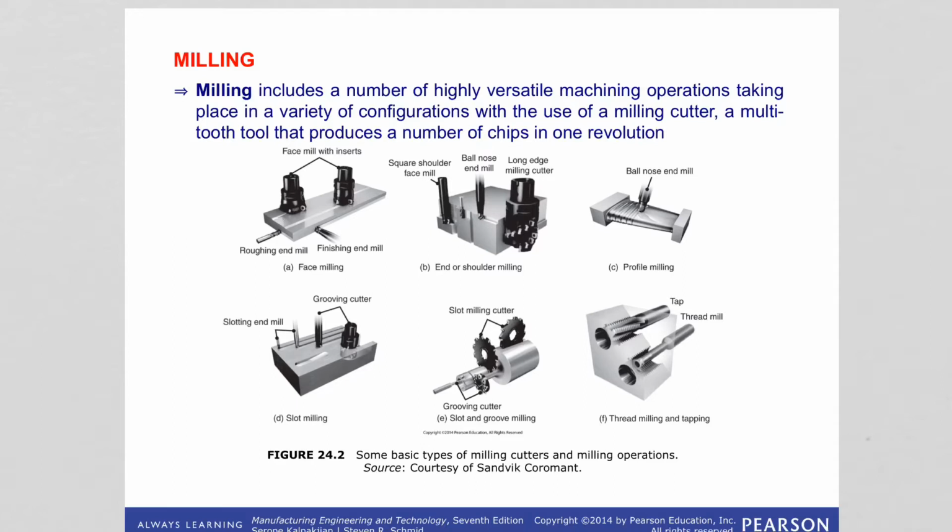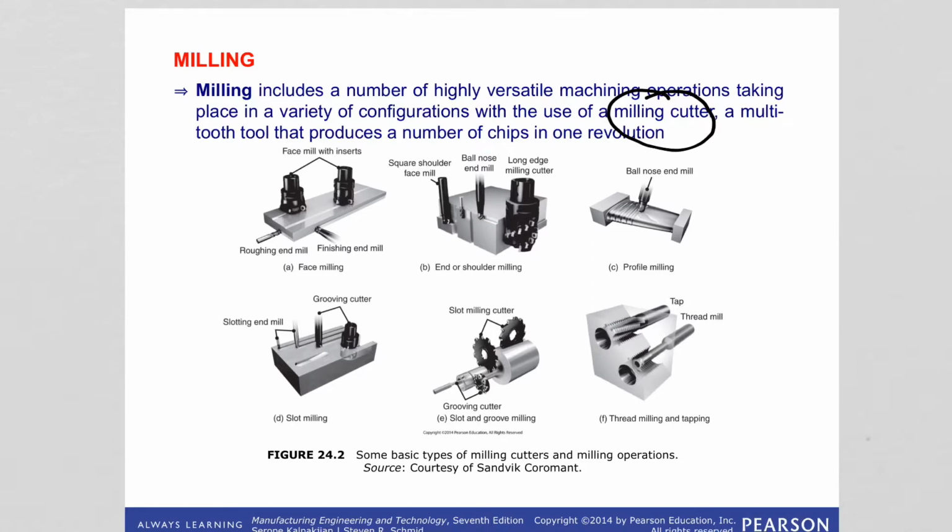The cutting tool used in milling is known as a milling cutter. And milling operations can be classified into broad categories like peripheral milling and face milling. As you see, some examples of these milling operations and cutters are shown in this figure, and we're gonna see all of those.